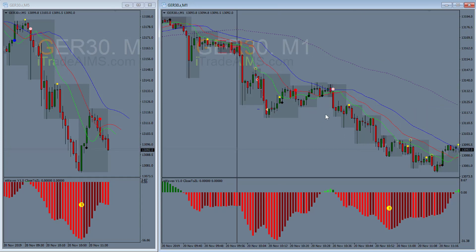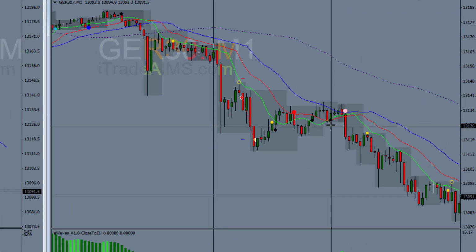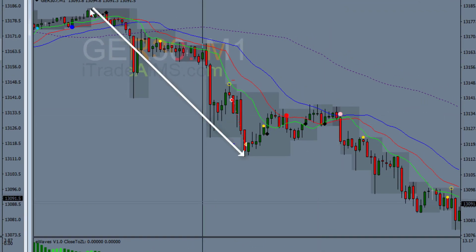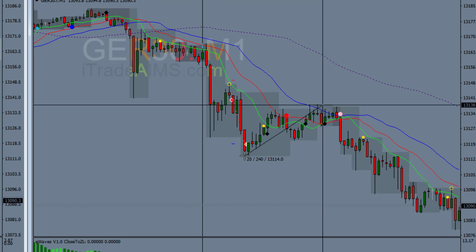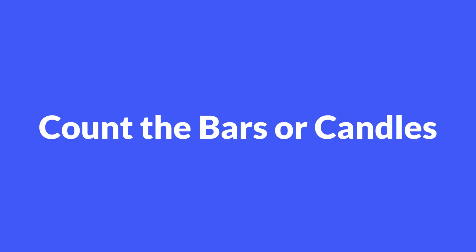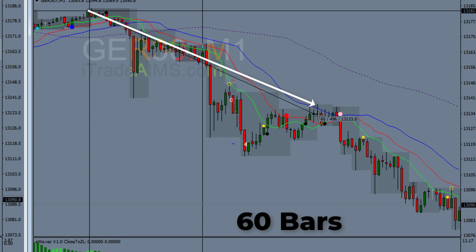This is setup 1. Now this setup 1, from the start of the push to the peak of the push, from the start of the pull to the peak of the pull, that's 20 candles. That is 40 candles. So altogether it's 60 candles.